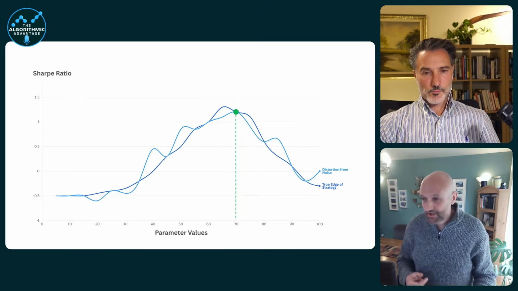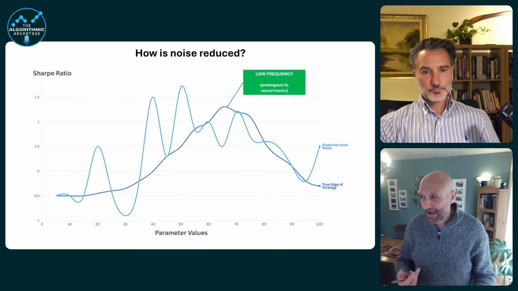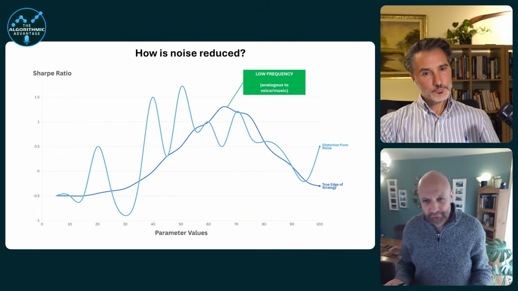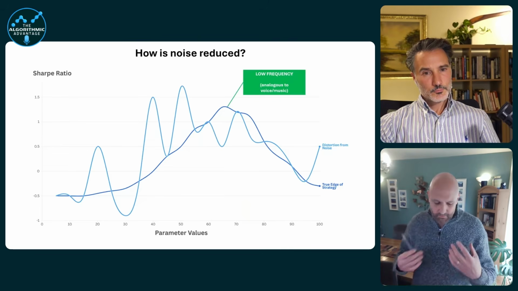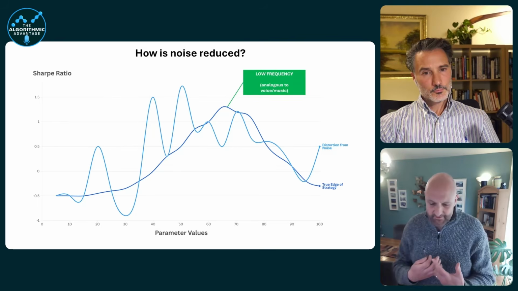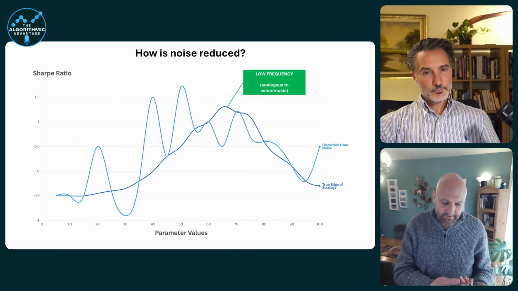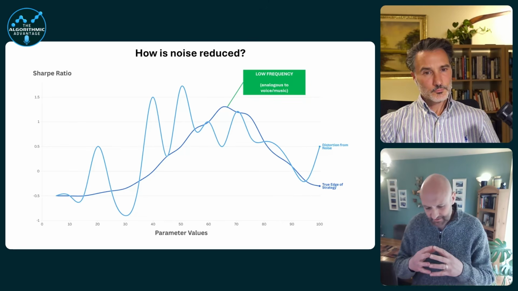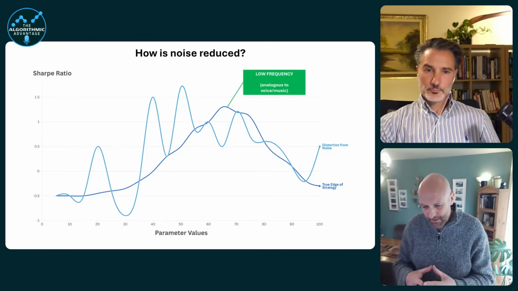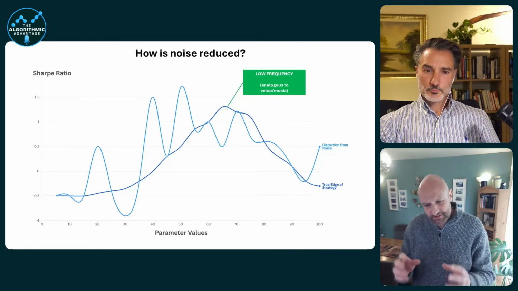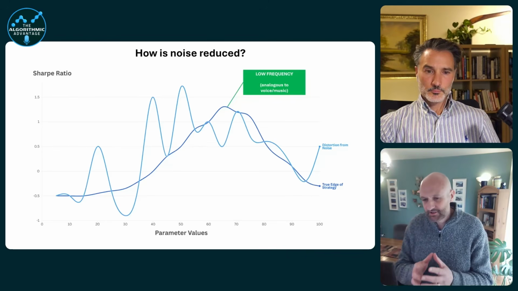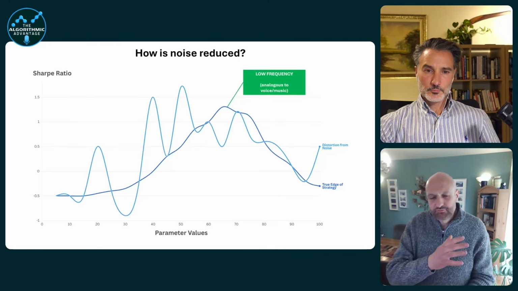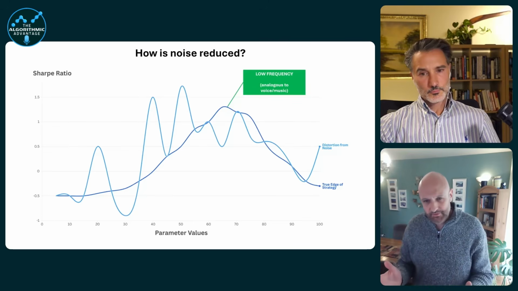But of course, the key to this is, how do you do this? From the research I've undertaken, I've come to the conclusion that the strategy's edge that you're trying to target is relatively smooth.